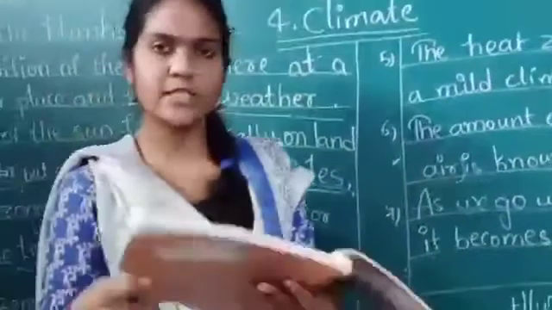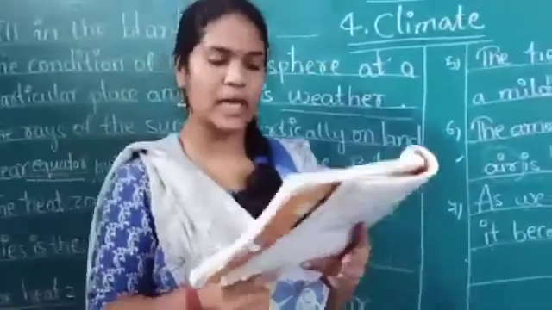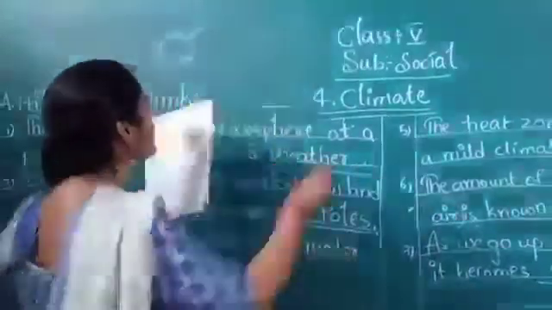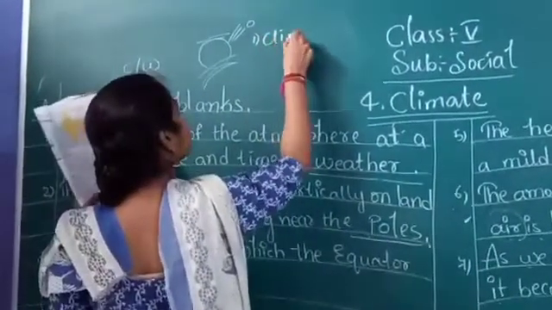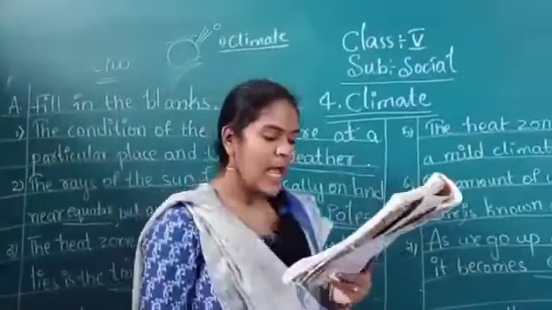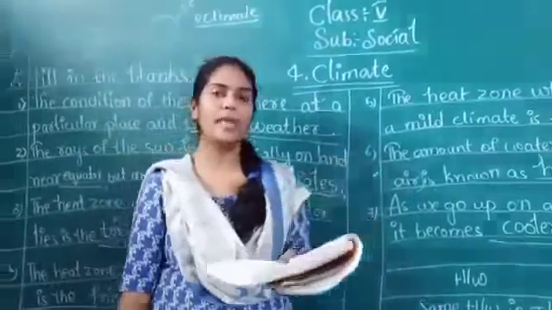Now you see once. These are the words to remember we have on page number 27, that you need to learn. One time I am going to explain. First one is climate. What is meant by climate? Average weather condition of a place over a long period of time.